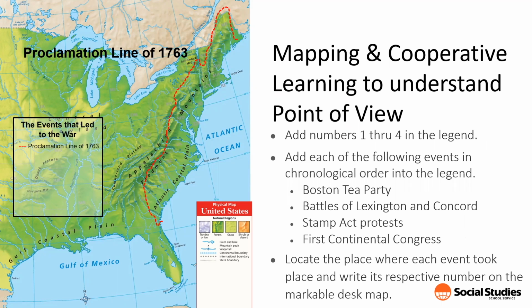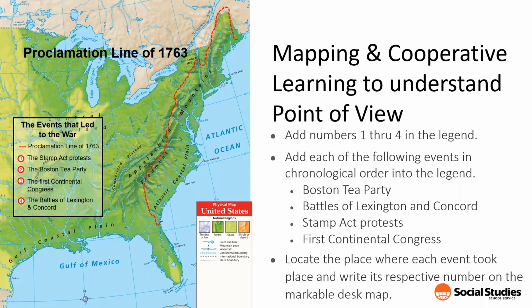Then we'll add numbers 1 through 4 on separate lines in the legend. Using the picture map, we would add each of the following events in chronological order into the legend: the Boston Tea Party, the battles of Lexington and Concord, the Stamp Act protests, and the First Continental Congress. And it'll look like this.